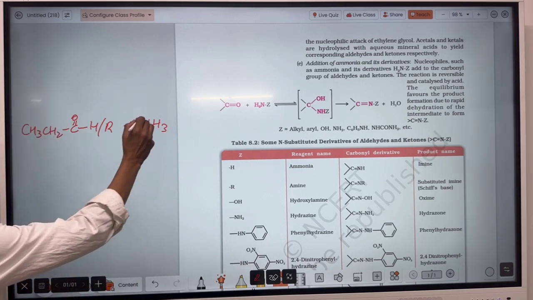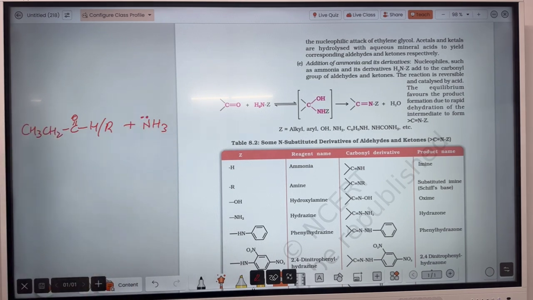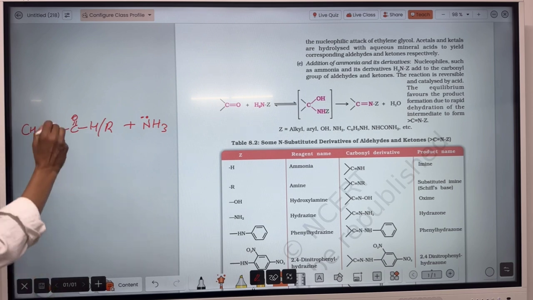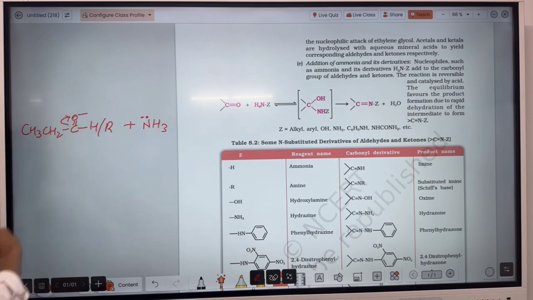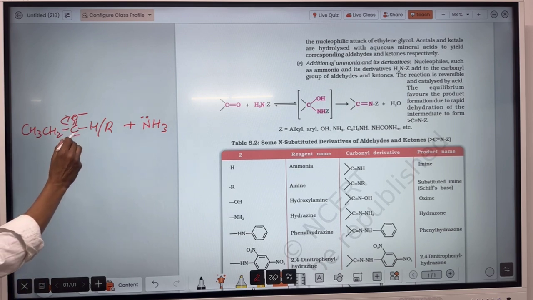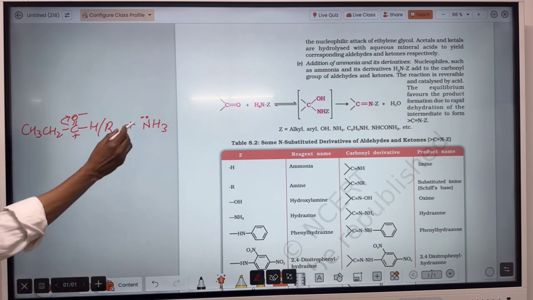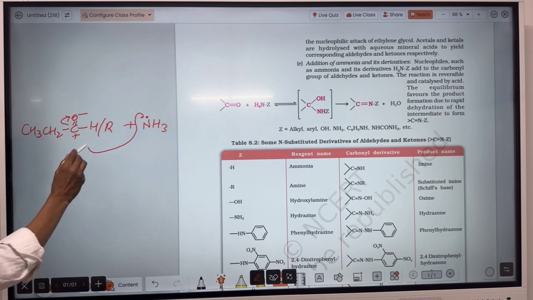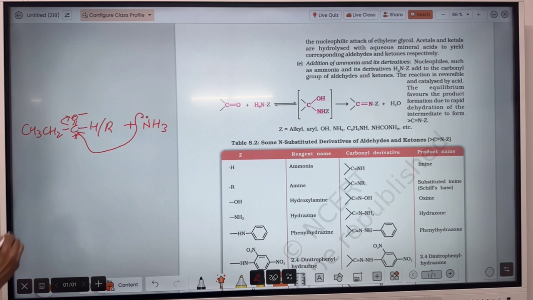In ammonia, there is a lone pair of electrons at the nitrogen atom. What happens? The oxygen takes the pi electrons towards itself, so there will be a negative charge on the oxygen and a positive charge on the carbon atom. Then, since there is a lone pair of electrons, this nitrogen will get bonded to this acyl carbon.